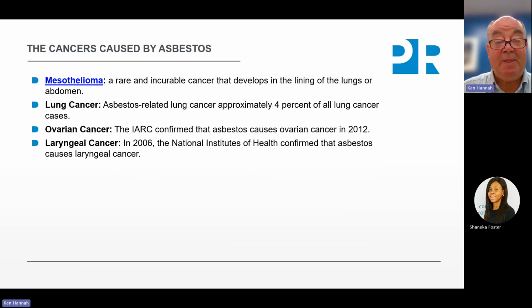Laryngeal cancer, in 2006, the National Institutes of Health confirmed that asbestos causes laryngeal cancer. So as you can see, the science is still developing, and we're still identifying cancer fatalities. And I'm sure all of us, and I certainly have, lost friends to asbestosis, as it's commonly known.